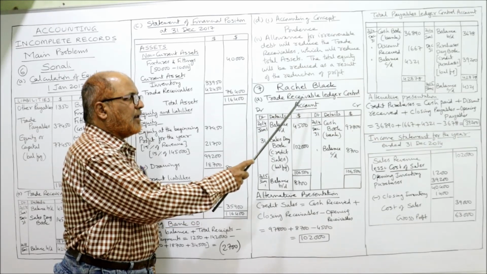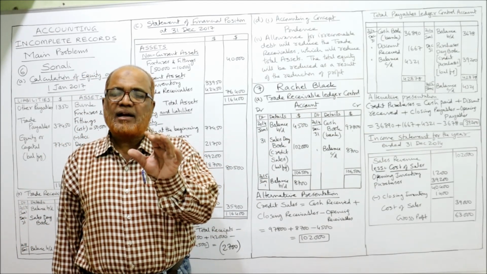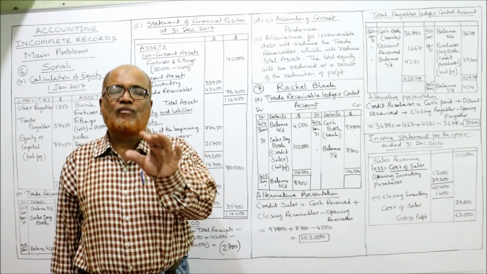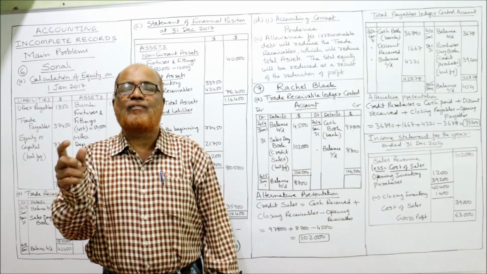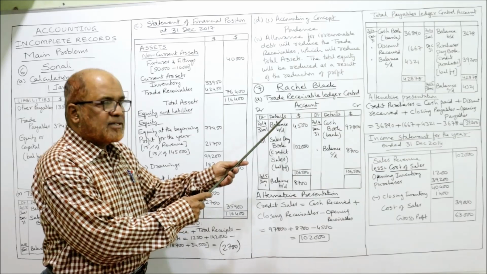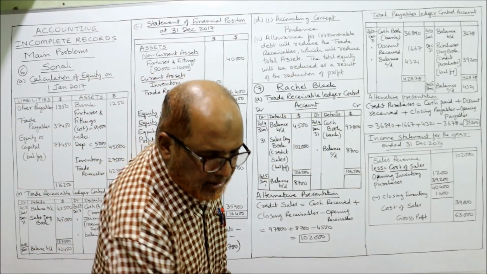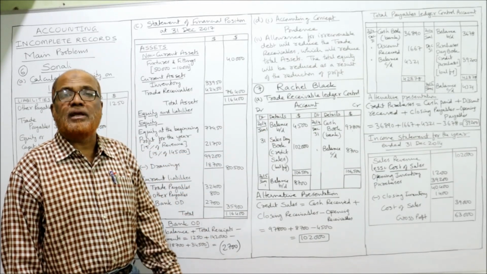Rachel Black, trade receivables ledger control account. We can make the trade receivables ledger control account to find out the sales, and the trade payables ledger control account to find out the purchases. Already I told you how to calculate sales. In the receivables account, the debit side will take the opening balance.